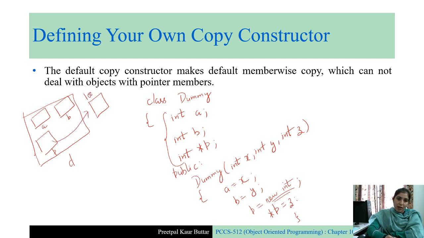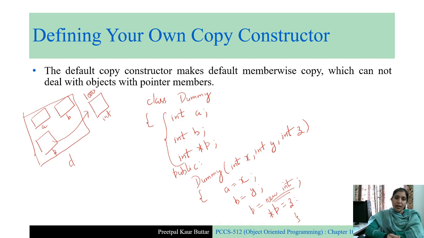Suppose here we have allocated this new int. New int means this will allocate memory to an integer. So this is the integer, and it has been allocated memory using the new operator, and this memory has some base address.